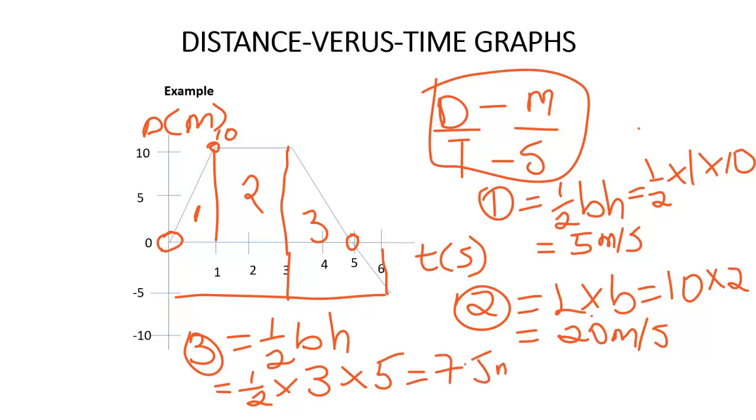7.5 meters per second. So now to calculate the total of this graph, we add 5 plus 20 plus 7.5.